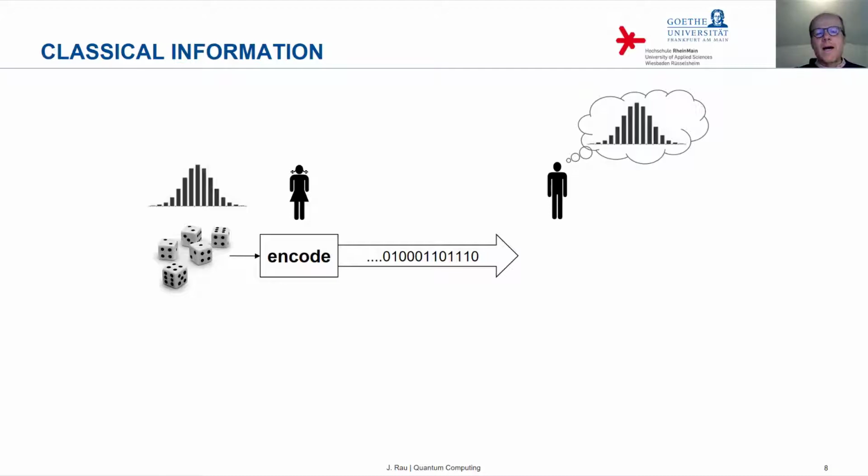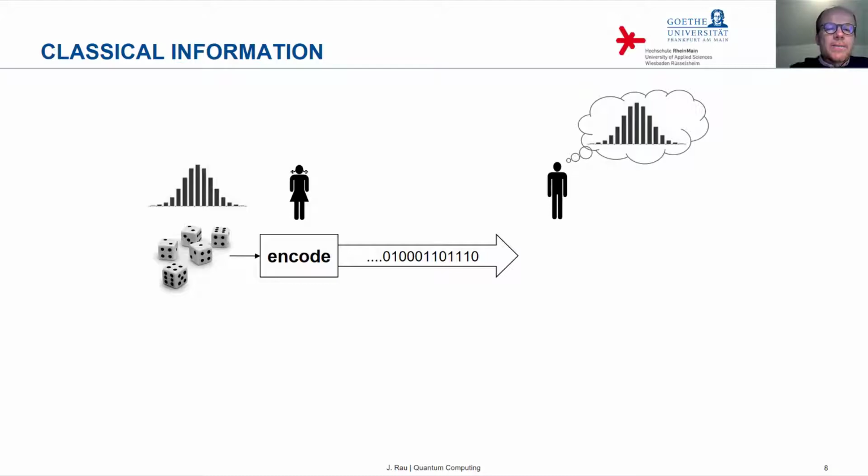So if Alice rolls dice, for example, and these are ideal dice, then the probability distribution is simple. Every possible number of spots occurs with a probability 1/6. And Bob knows that. And Alice rolls the dice. Here there are 5 dice, so let's say 5 times, or 5 different dice.